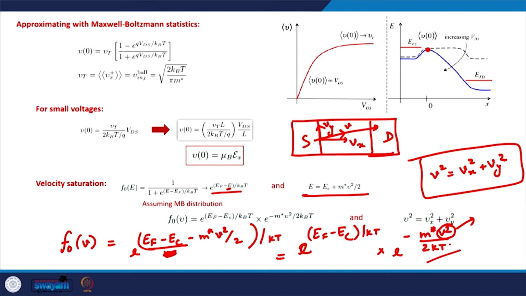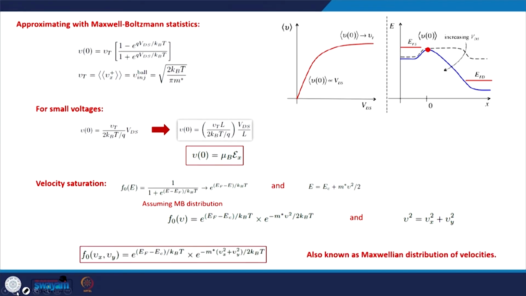And what is the meaning of this distribution of velocities? This is in a way the probability that an electron will have a velocity v in the channel. And if we simplify this further, this v square can be written as vx square plus vy square.